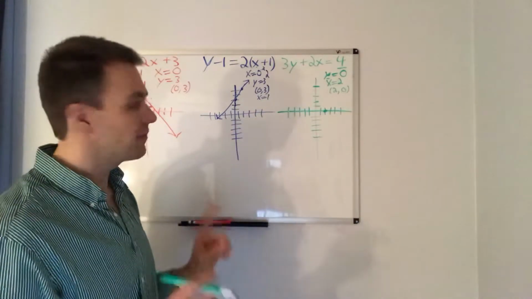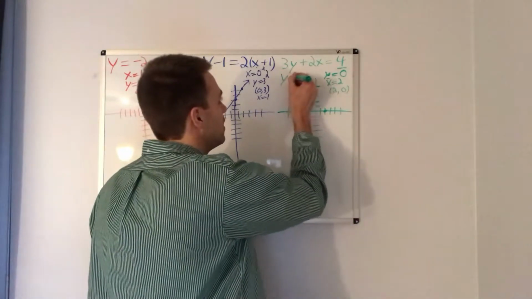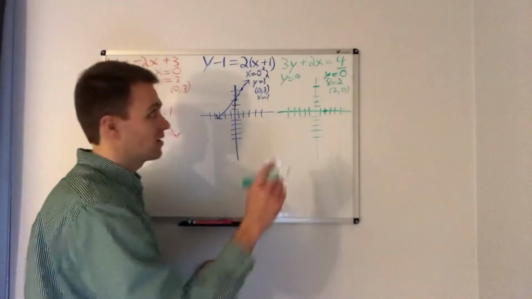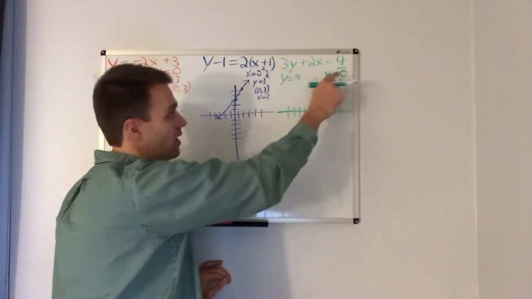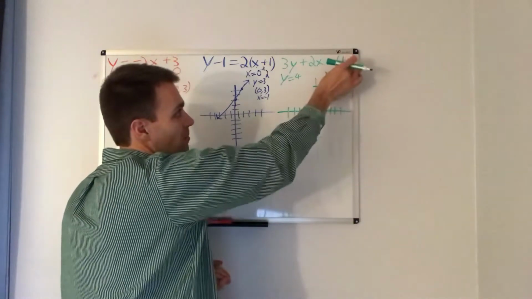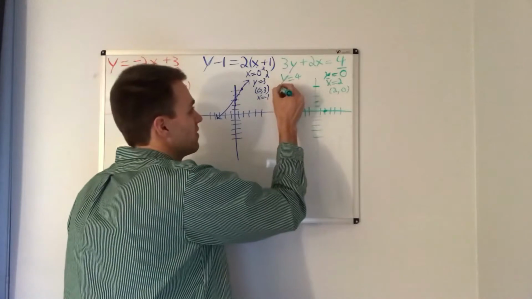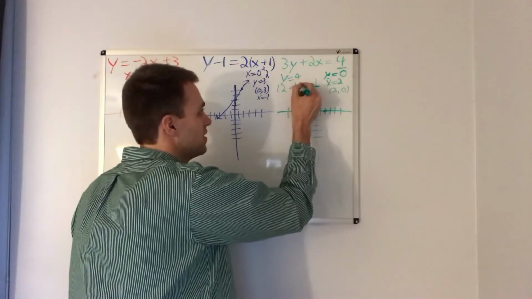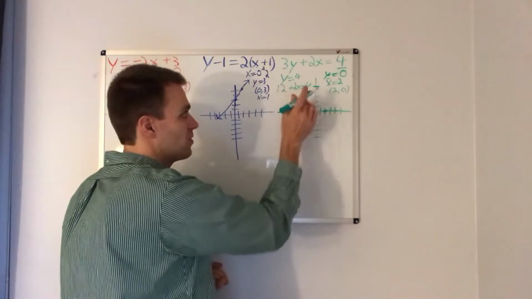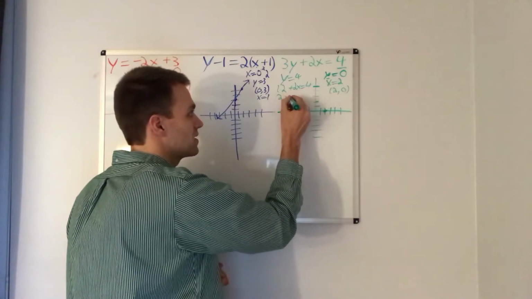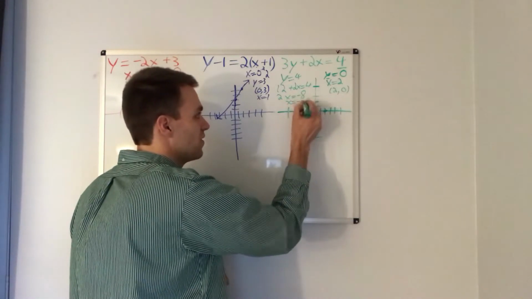And in this case, I'm going to pick 4. And the reason I want to pick 4 is because that's going to help us in our calculations. So when y is 4, this is going to be 12, and that's going to give me a more even number when I subtract it from 4. So we'll have 12 plus 2x equals 4, and if we subtract 12 from both sides, we'll get that 2x equals -8, and that x equals -4.